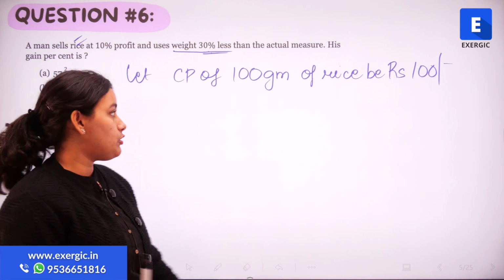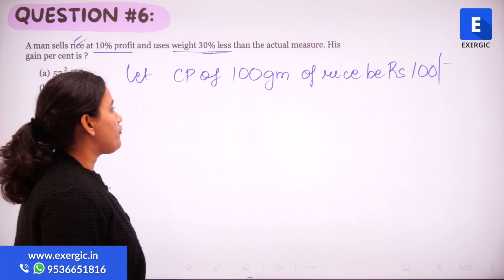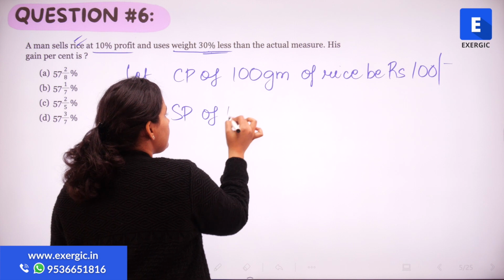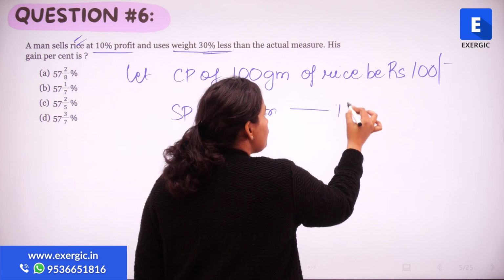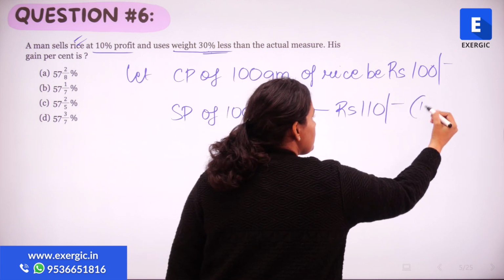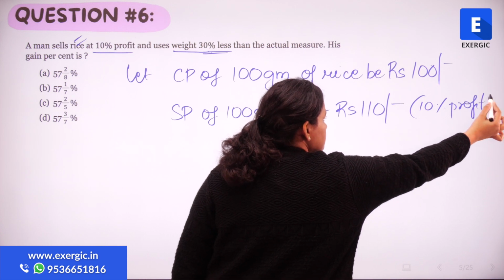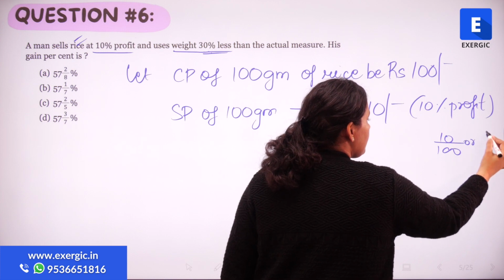What has been given to us? The man is selling rice at 10% profit, right? So I know that the selling price of this 100 grams is rupees 110. Why rupees 110? Because he is earning 10% profit. 10% profit is 10 upon 100 or 1 upon 10.